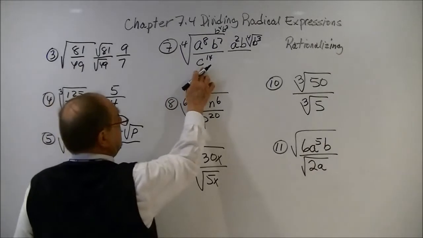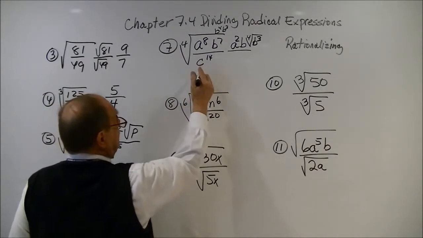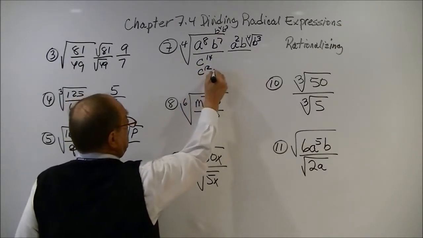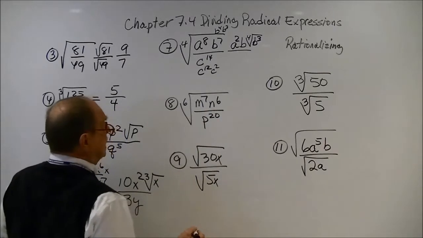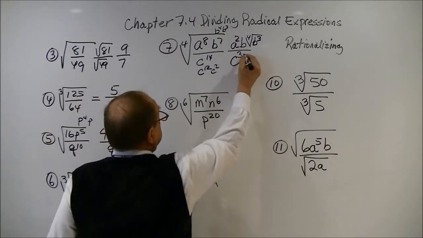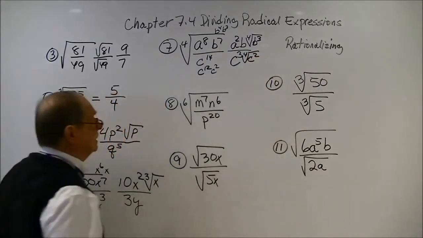And down here, again, you're going to be able to take out a 12. C to the 12th is a perfect fourth, and you're left with c to the 2nd. So this will be c to the 3rd, the fourth root of c squared.